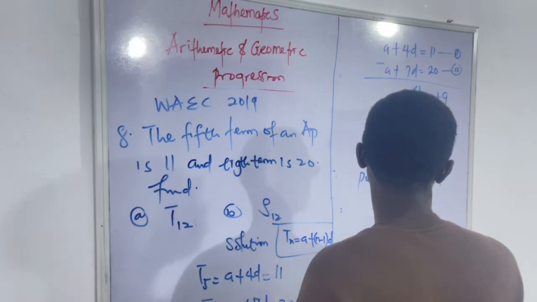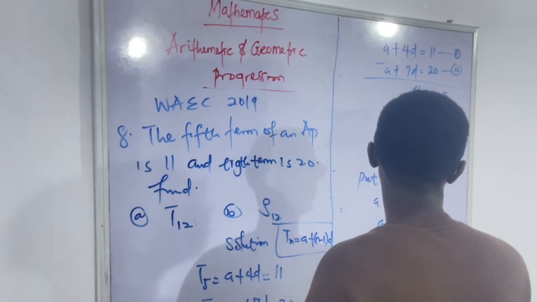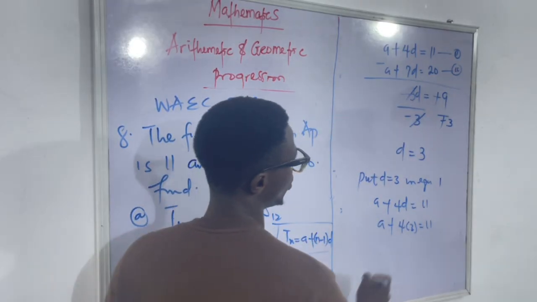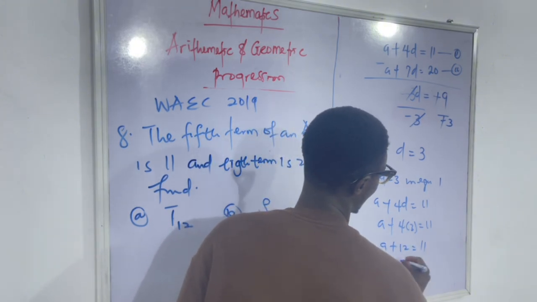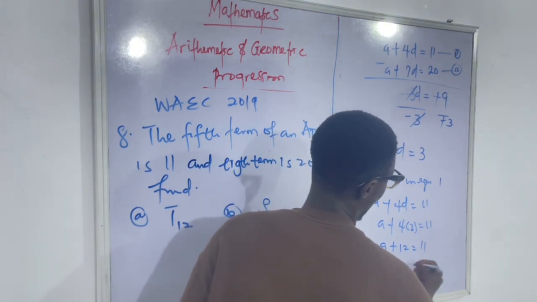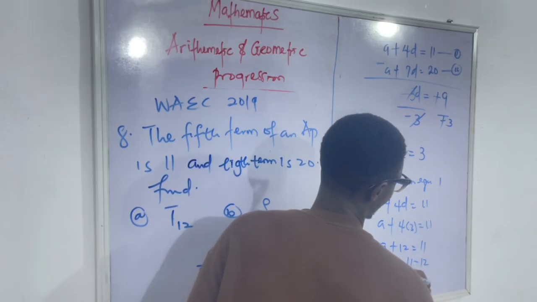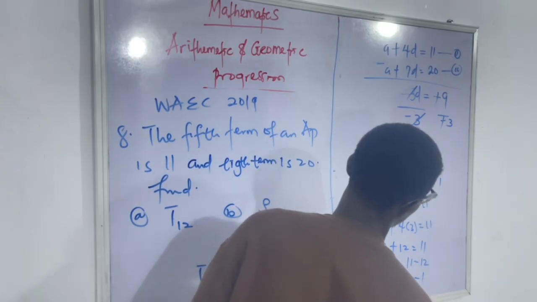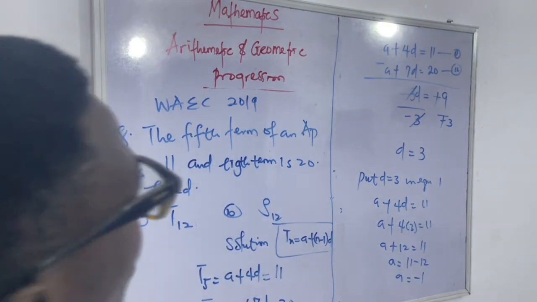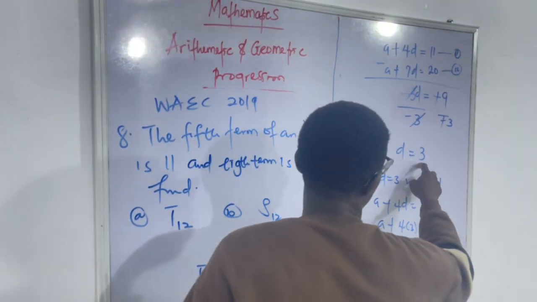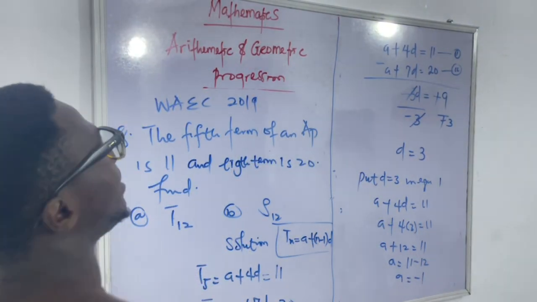So A plus 4 times 3 equals 11. So that's A plus 12 is 11. So A equals, collect like terms, 11 minus 12, A equals minus 1. So then we know our D and we know our A.